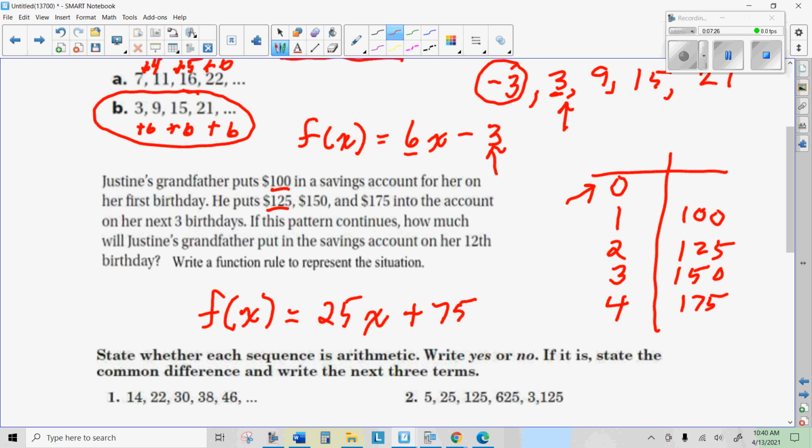And if you want to figure out how much she has on her 12th birthday, you're just going to do 25 times 12 plus 75. 25 times 12 is $375. So on her 12th birthday, she's going to get $375. Wow, what a nice grandpa.